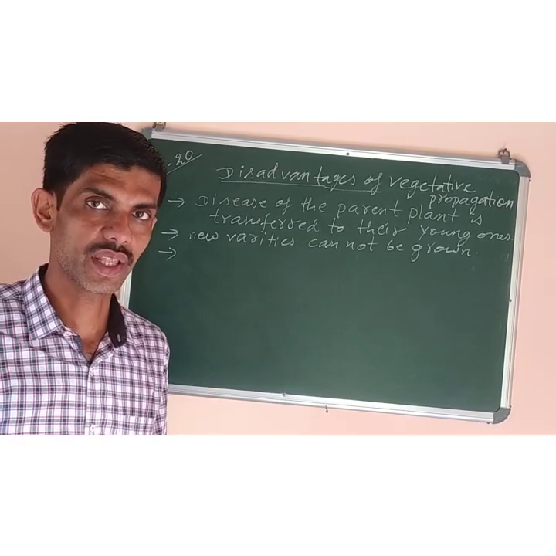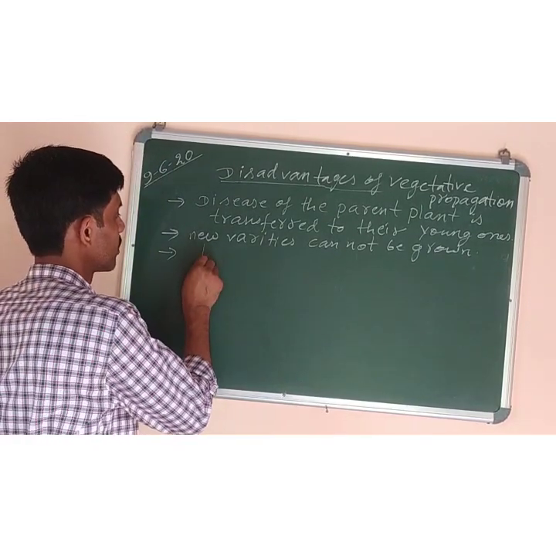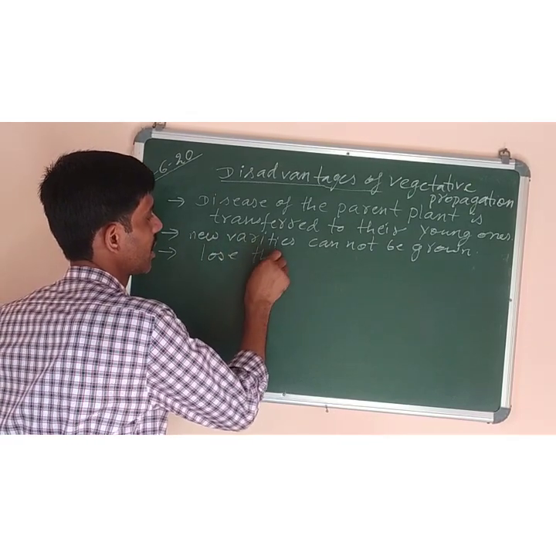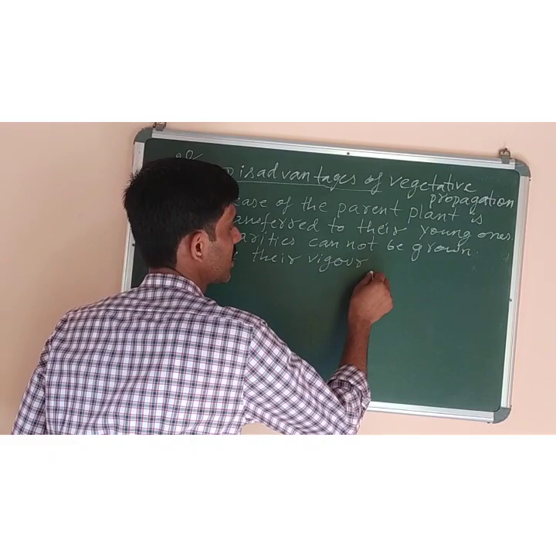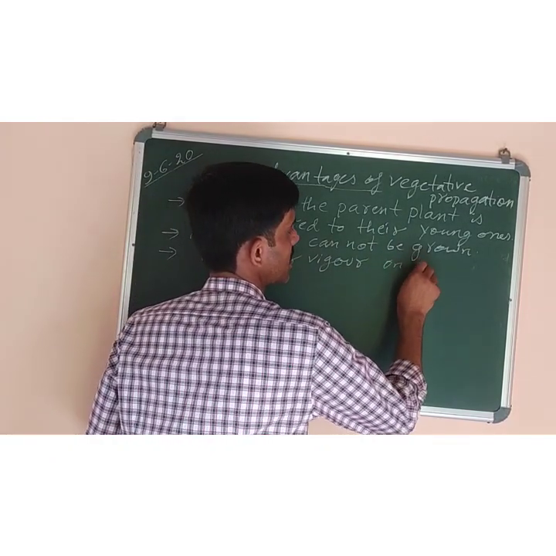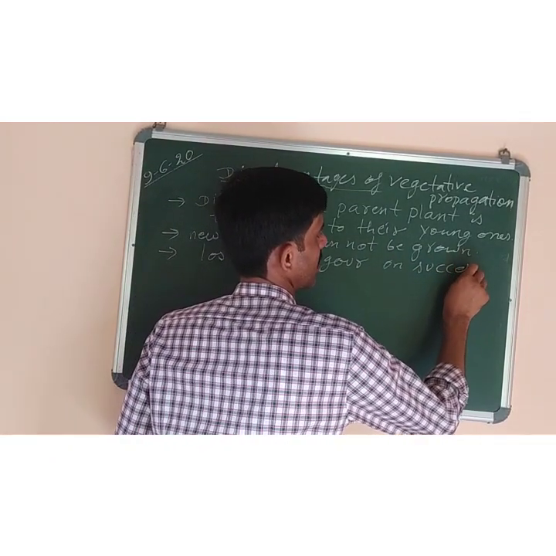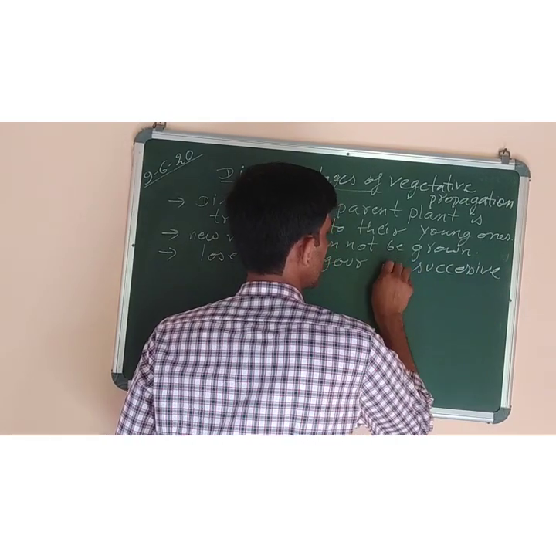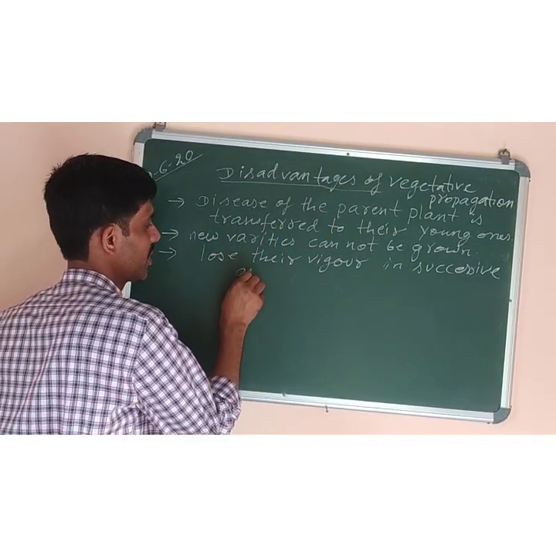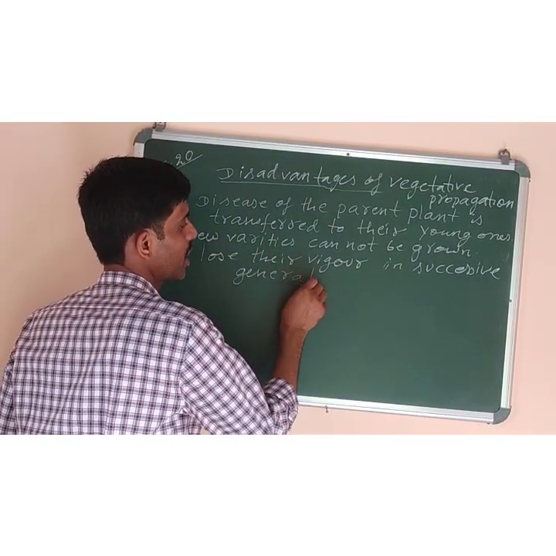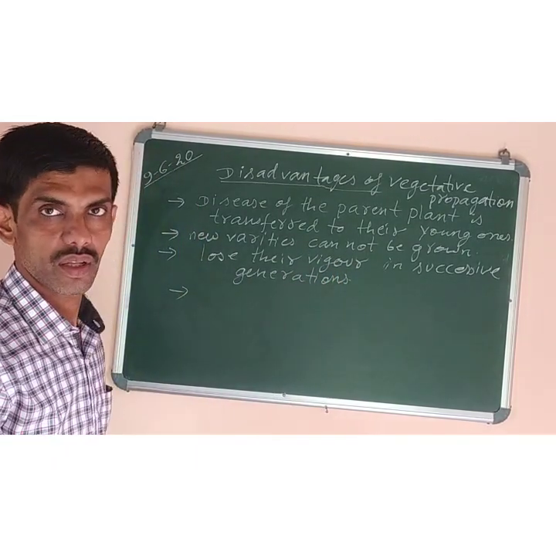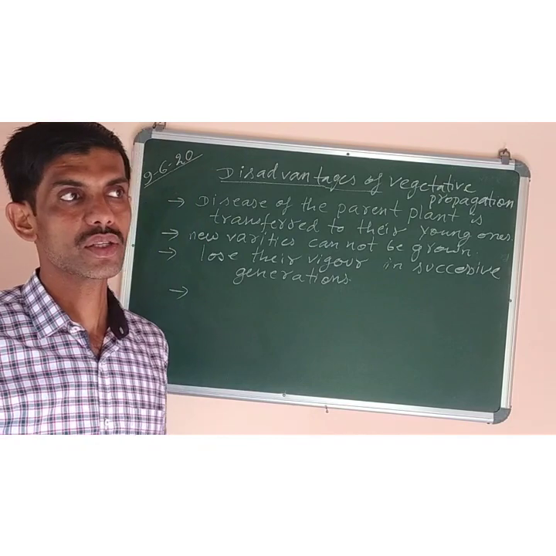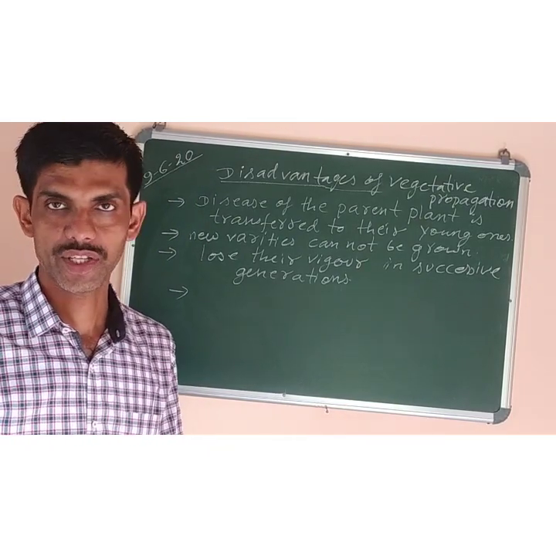Vigor means strength, in successive generations. Means as you keep on continuing with the process of vegetative propagation, the newly produced younger ones will keep on losing their vigor or strength.